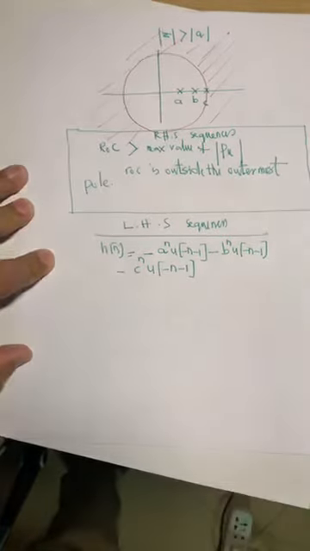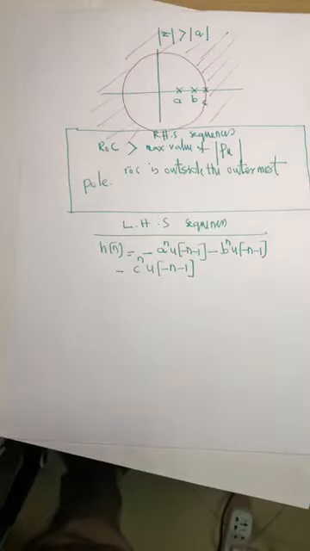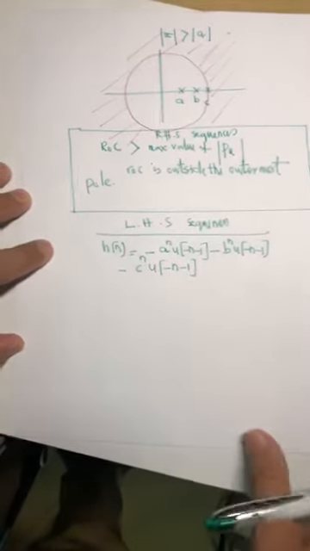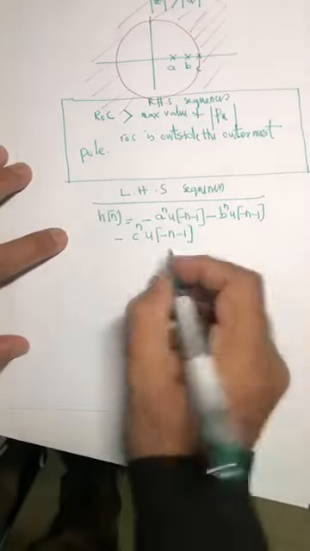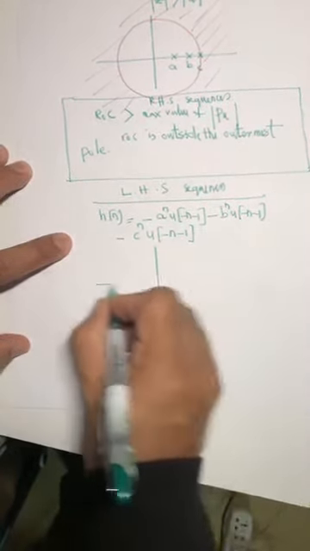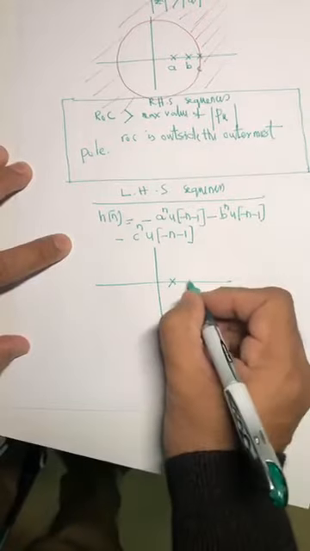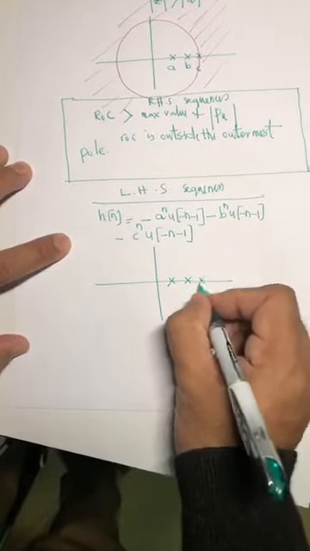Okay, these are three left hand side sequences, and once you plot, their poles are going to look similar. Let's say this is A, this is B, this is C.